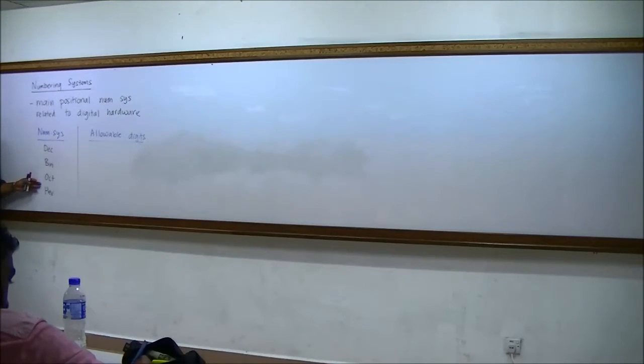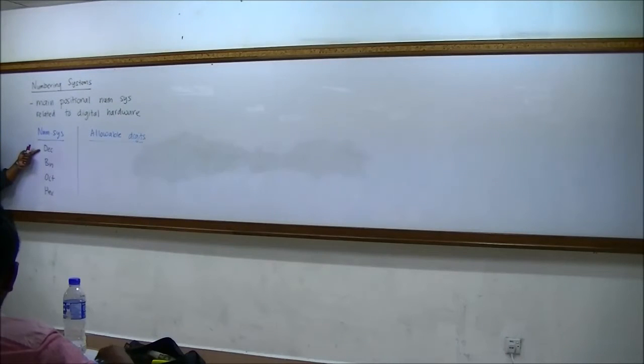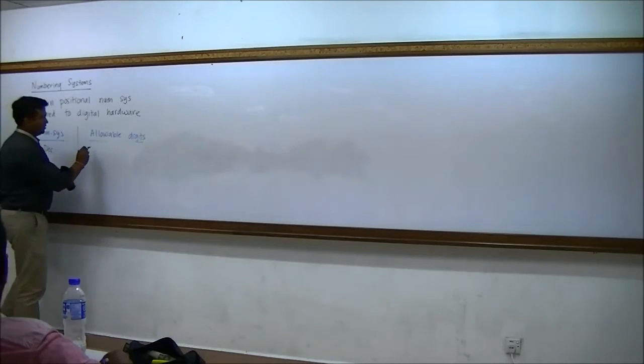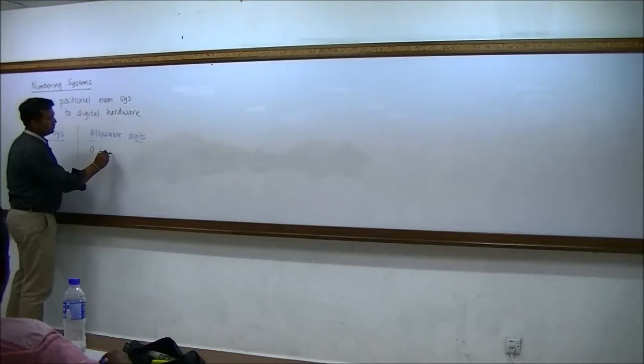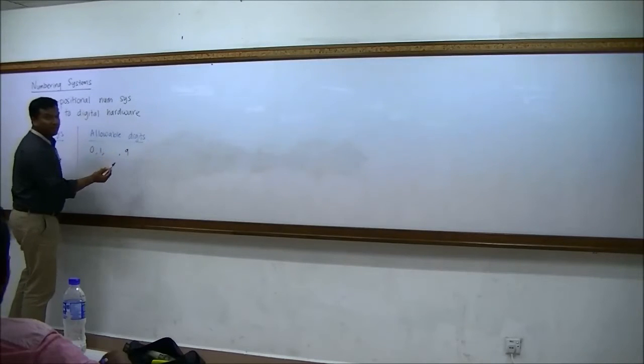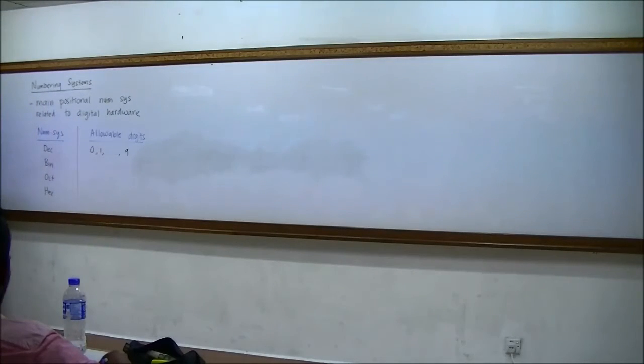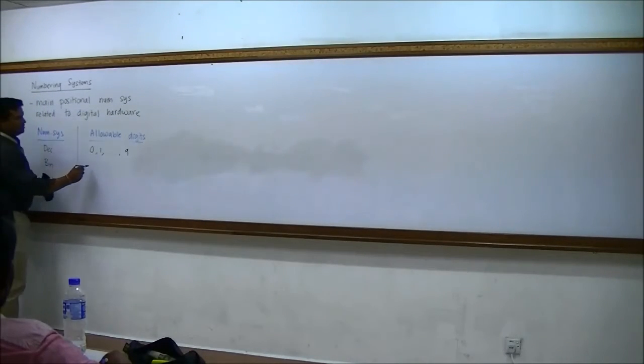Here I've listed 4 numbering systems. The first one is, don't say December, decimal, binary, octal, and also hex. So what are the allowable digits for each numbering system? For decimal, the allowable digits are 0 until 9. For binary, 0, 1, easy.